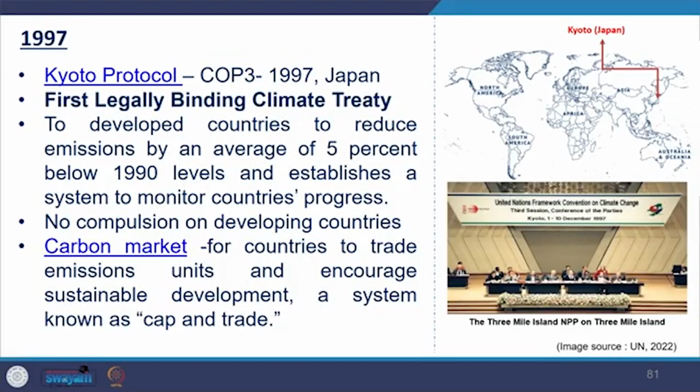And we see that it was in Kyoto, Japan, that COP3 took place, and the conference adopted the Kyoto Protocol, which was the first legally binding climate treaty. So earlier what we saw was not legally binding, but the Kyoto Protocol was legally binding. Here we set how much to reduce and by what time frame.